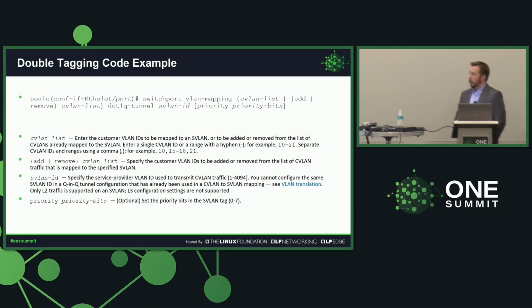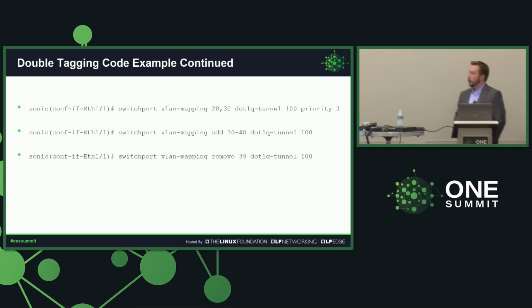I won't run through these code examples in exceptional depth, just for the sake of time. I added them here, so if you would like to take a screenshot of them or you'd like a copy of the presentation, you can have that reference. But this is what it actually looks like if you're within the Sonic CLI and you need to implement, in this case, double tagging. And of course, there's a commensurate API call.